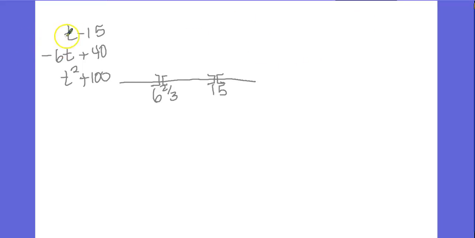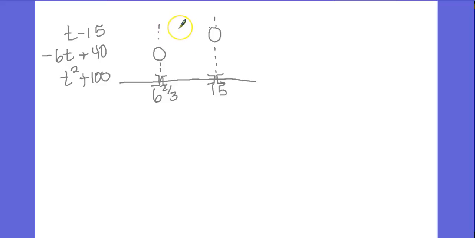Okay, now I'm going to go and plot my zeros. So my top zero is 15. My other zero is 6 2/3. And then my denominator doesn't have any zeros. So I only have these two sets of zeros here. And now what I'm going to do is pick up my black pen so I can find my positive sections.